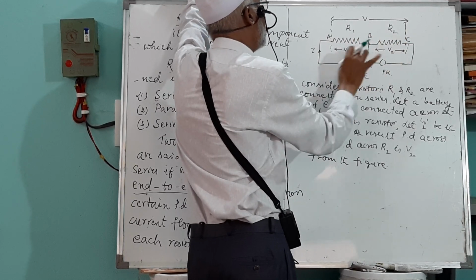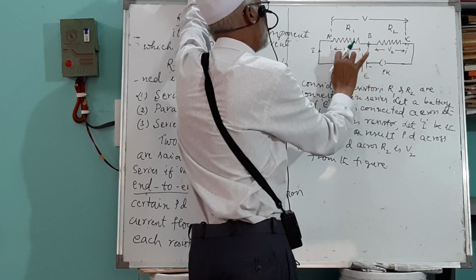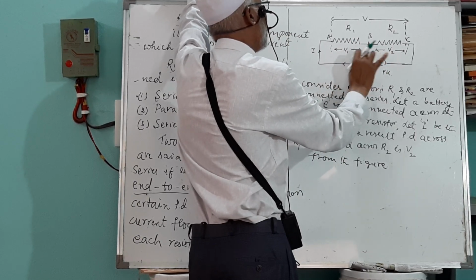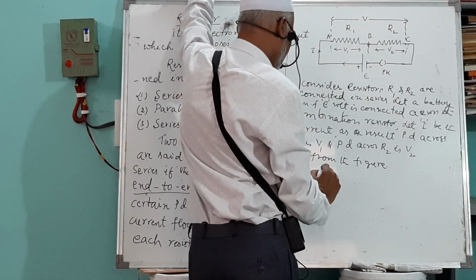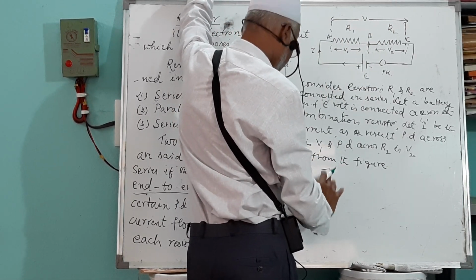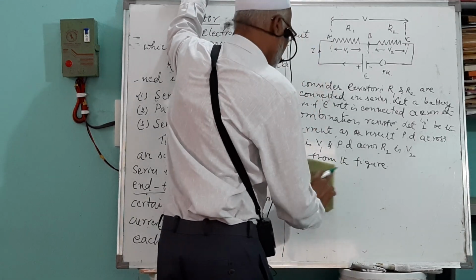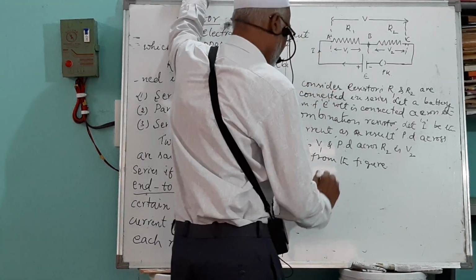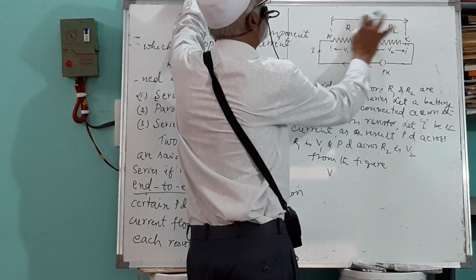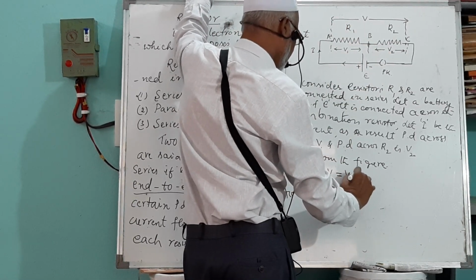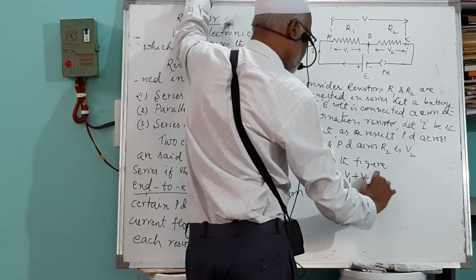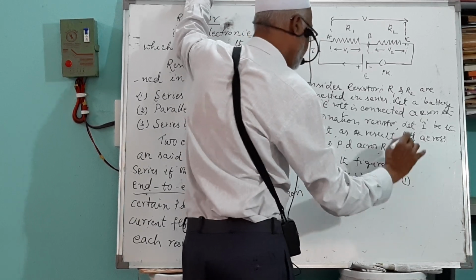So the sum V1 plus V2 equals the total PD. The total PD is denoted by V, which is equal to V1 plus V2. This we call equation 1.